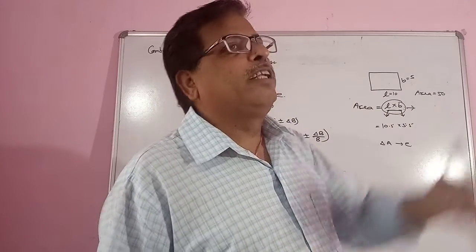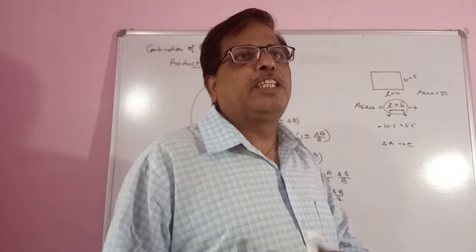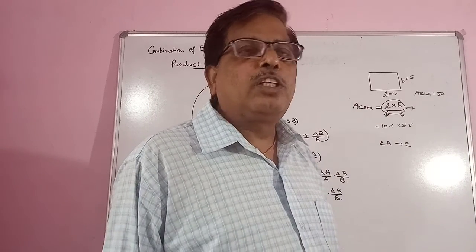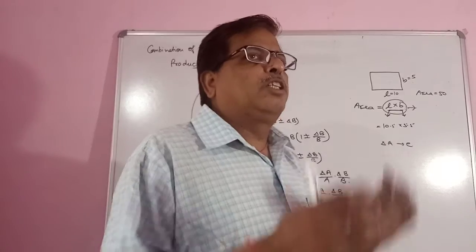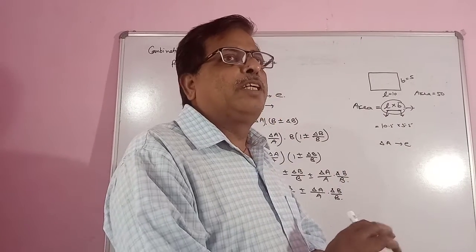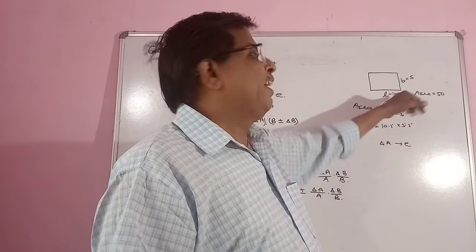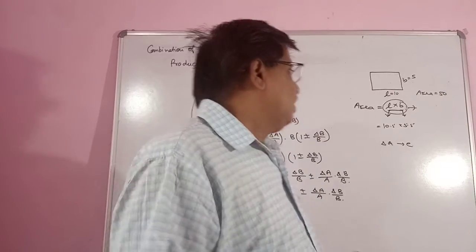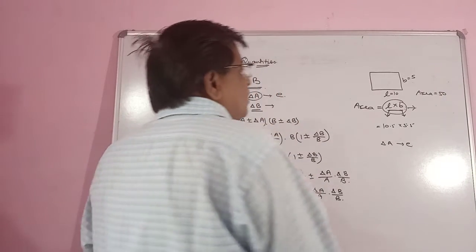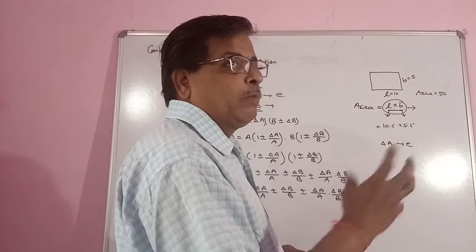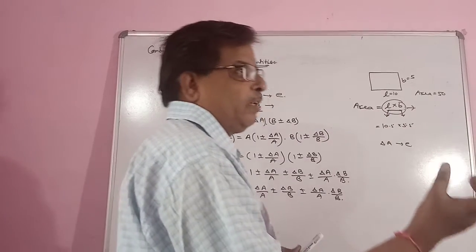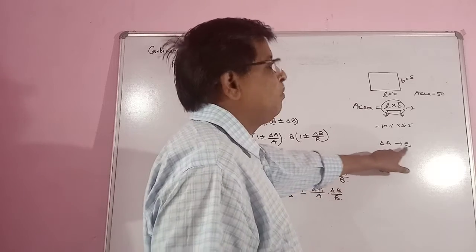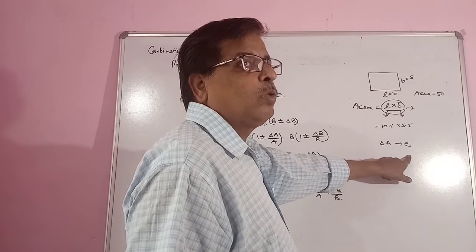We are measuring some quantity, suppose we are measuring a length of 10 meters. It is not possible that in spite of measuring 10 meters we measure 18 meters or 17 meters. No, the only possibility is 10.5, 10.6, 9.2, 10.8. So the value of delta A is very small as compared to A.